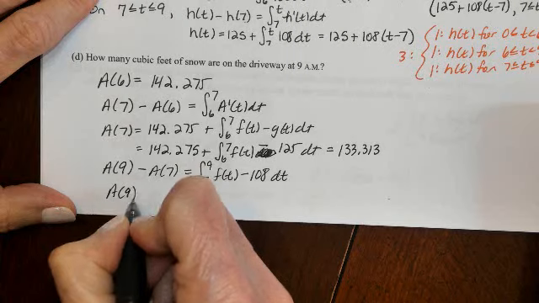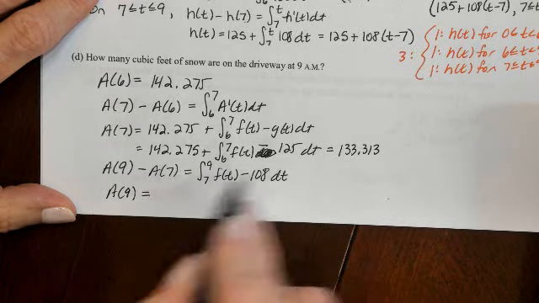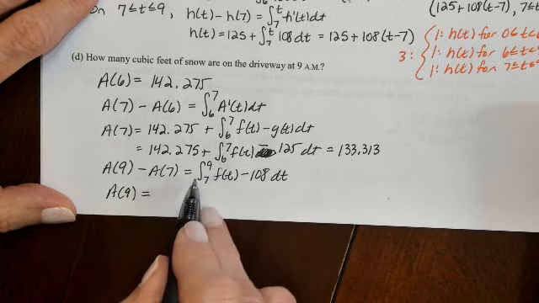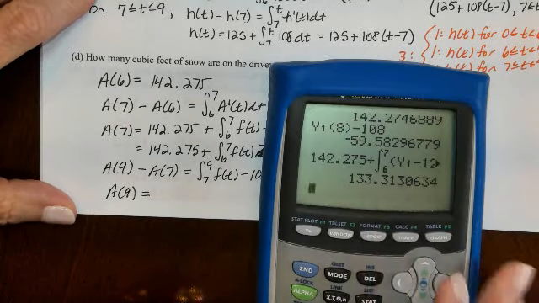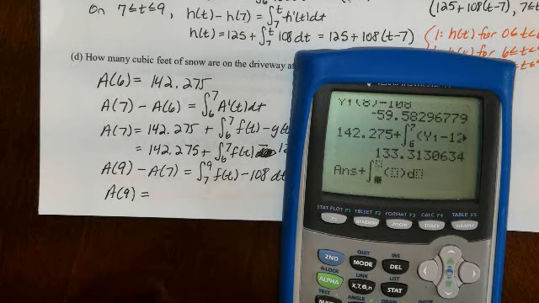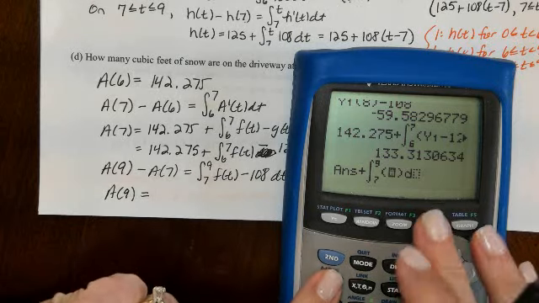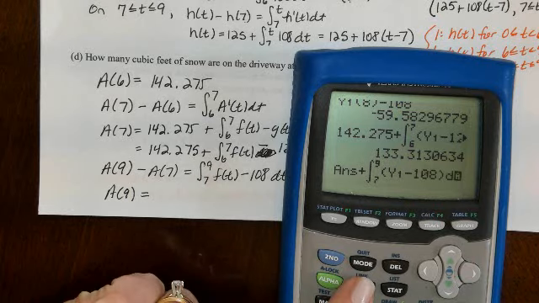So A of 9 must equal, there's my A of 7, right? Plus this integral. So I'm going to take that number, and then add to that number the integral from 7 to 9 of F of t minus G of t on that time interval.